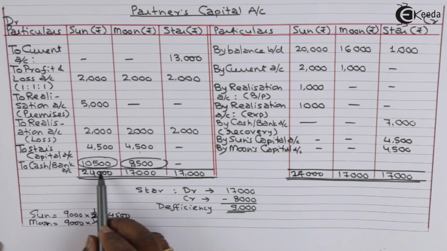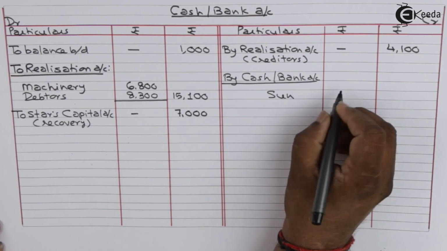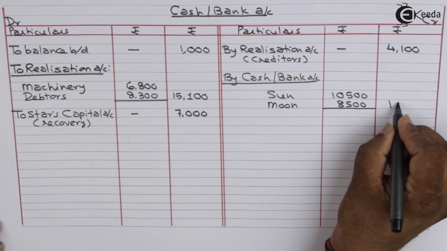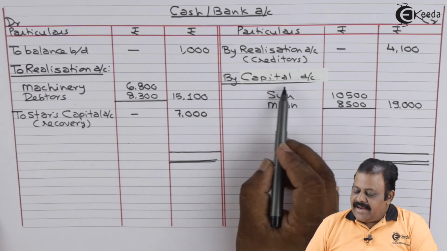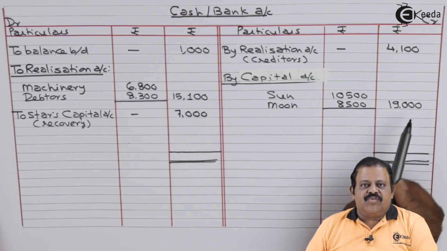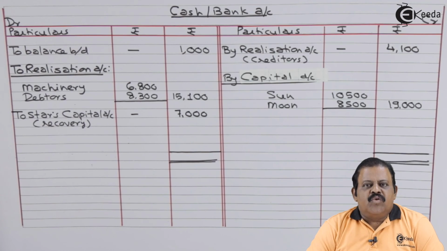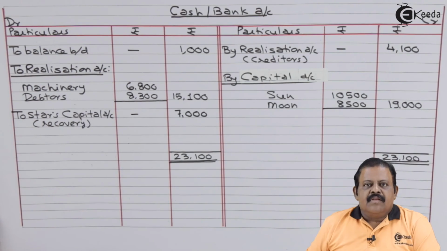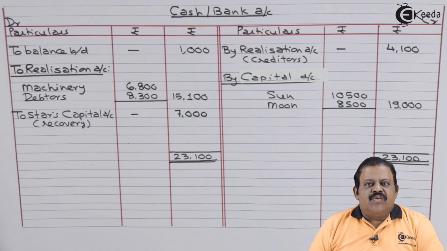Both the capital accounts are showing balancing figure on debit side. Cash bank account credit by capital account of Sun, Moon, total amount is 19,000. These are the amounts paid to partners in final settlement. Now we can close cash bank account, which should tally. Cash bank account is tallying, debit as well as credit total is 23,100. It means we have solved all our ledgers correctly.